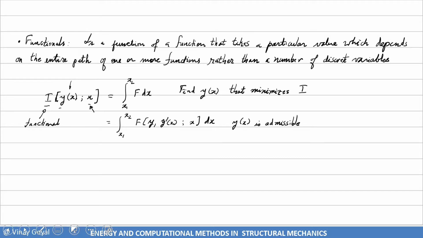And in this case, I'm going to also say y of x is continuous and sufficiently differentiable so I can take the derivative of y, for example, right? And I'm going to say that this y of x satisfies the boundaries of this curve. So that's what I mean with admissible, that this function y must satisfy these boundary conditions that I'm providing.